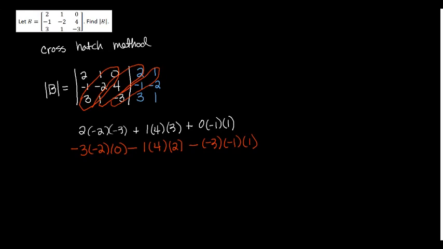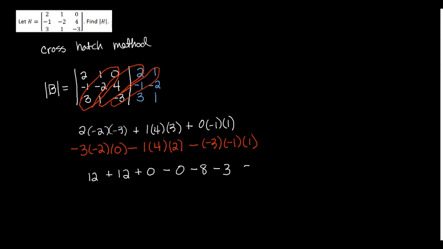And now I'll compute each of these products and combine them all. So 2 times -2 times -3, that's 12, plus 1 times 4 times 3, 12, plus 0. Now we're doing the second row, minus 0, minus 8, and minus -3 times -1 times 1 is -3.